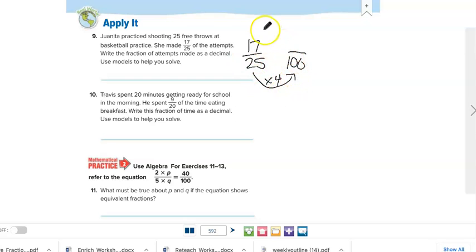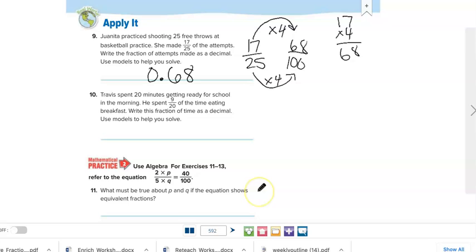Whatever I do to the top or bottom, I need to do to the other side, so 17 times 4. Let's say I don't know what 17 times 4 is. I'm going to do that off on the side, and I get 68. So I have 68/100ths, and I would write that as a decimal as 0.68. It says use models to help you solve, but if this works better for you, you can do it that way too. Otherwise, you would make a hundreds block.